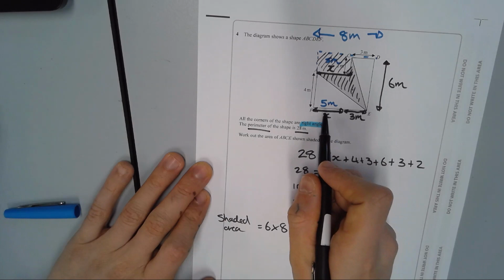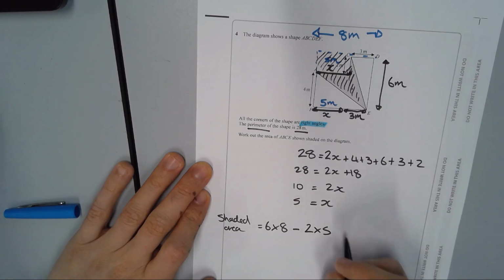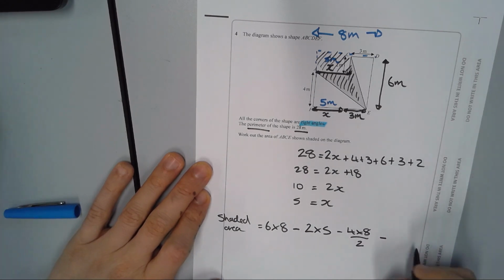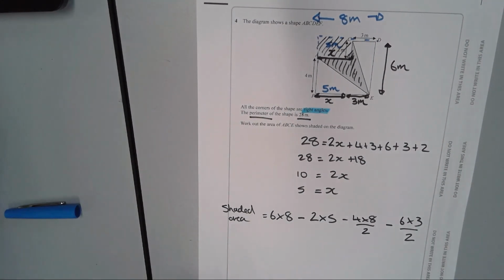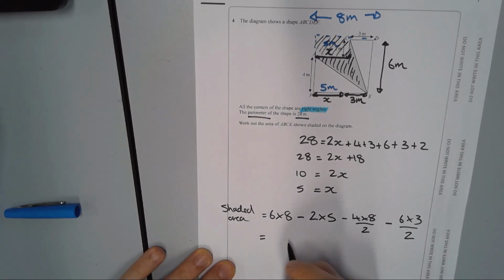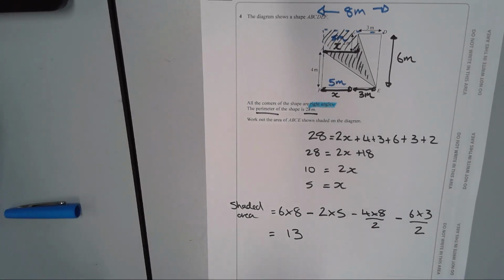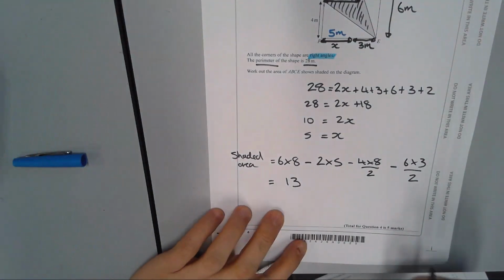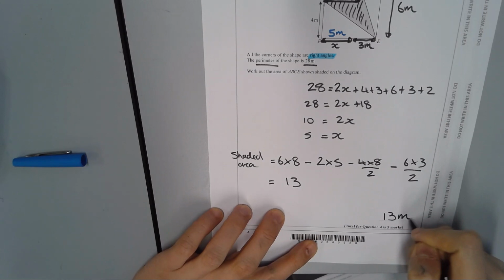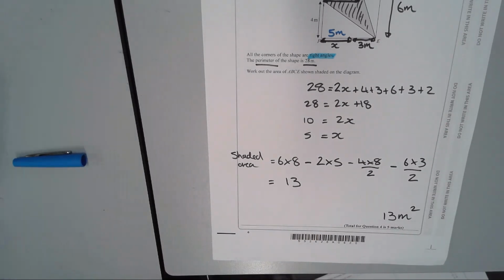One of these is a 4 by 8 triangle, so I'm subtracting 4 by 8 over 2, and I'm also subtracting 6 times 3 over 2. Okay, and this goes onto my calculator, and it gives me an answer of 13. Of course, I then need to reinterpret this answer because it is an area. The answer is therefore 13 meters squared.